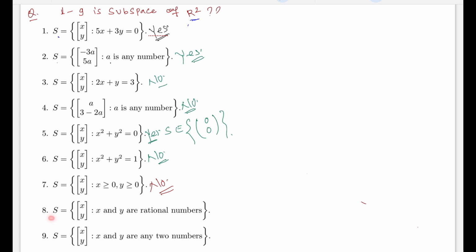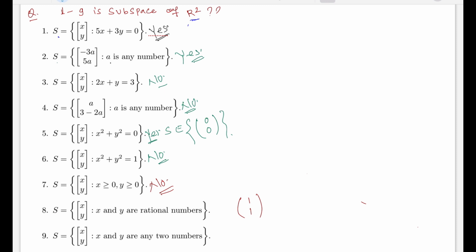Coming to this 8, x and y are rational numbers. So in this set, for all the vectors, the first component is a rational number and the second component is also a rational number, right? So the 0 vector will be there, that is no problem. And if you take (1, 1), it will also be in this particular set, so this is an element of this set.